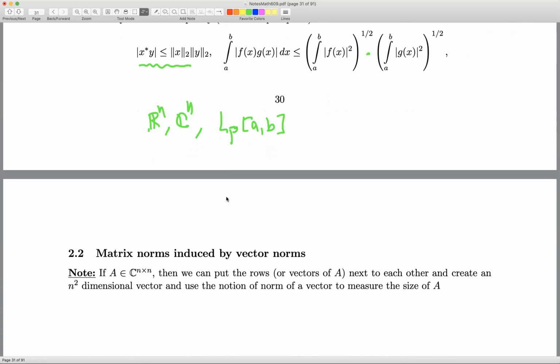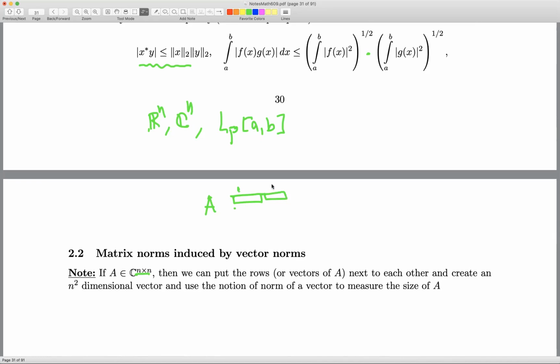So first, if we look at the matrix A, which is a matrix with n rows and n columns, the same thing that I'm going to talk about here can be done for non-square matrices in which the number of rows is different from the number of columns, but we will talk only about square matrices. So if I have a square matrix, I can take the elements on the first row, and then take the elements from the second row and put them next to the elements from the first row.